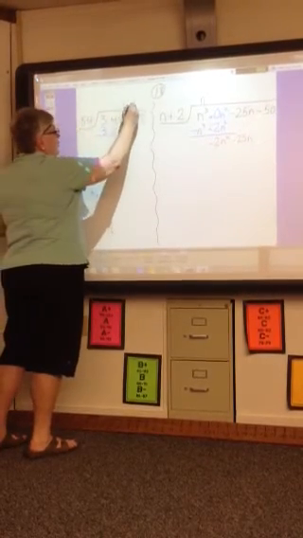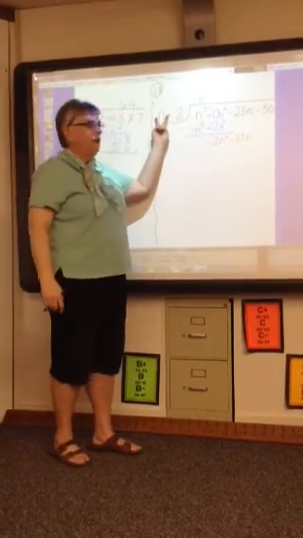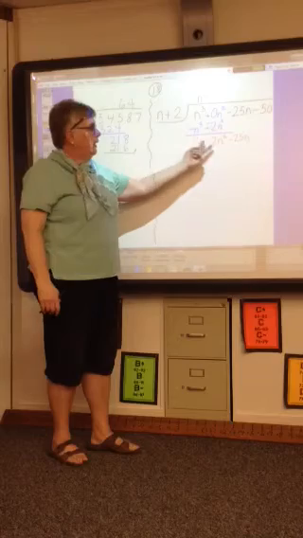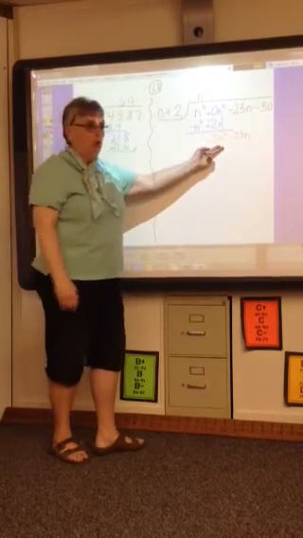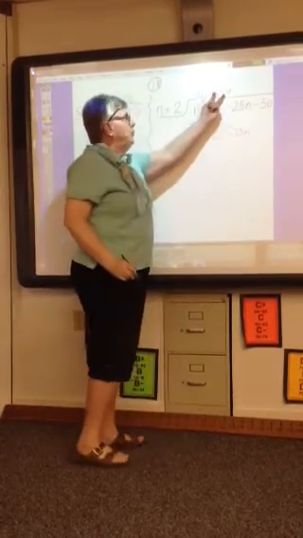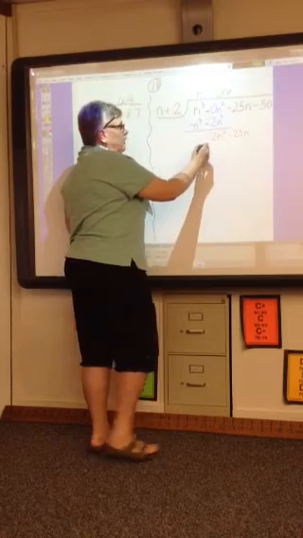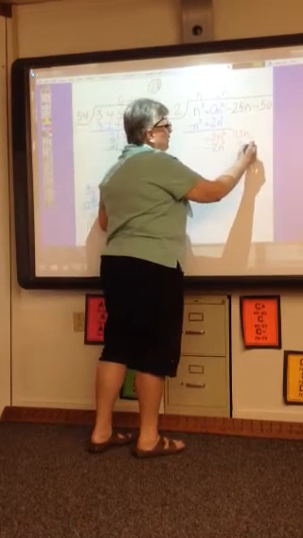And then the 4. All right, so go back over here. What will I have to take times n to get a negative 2n squared? Negative 2n. Then you take the negative 2n times both pieces, so we have a negative 2n squared minus 4n.